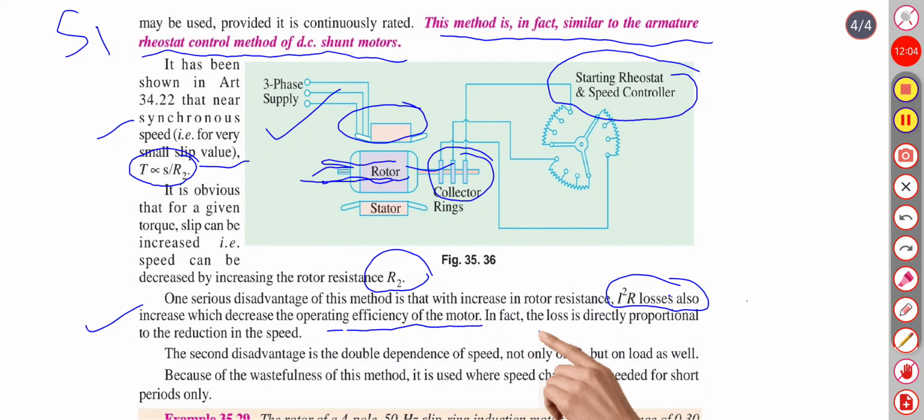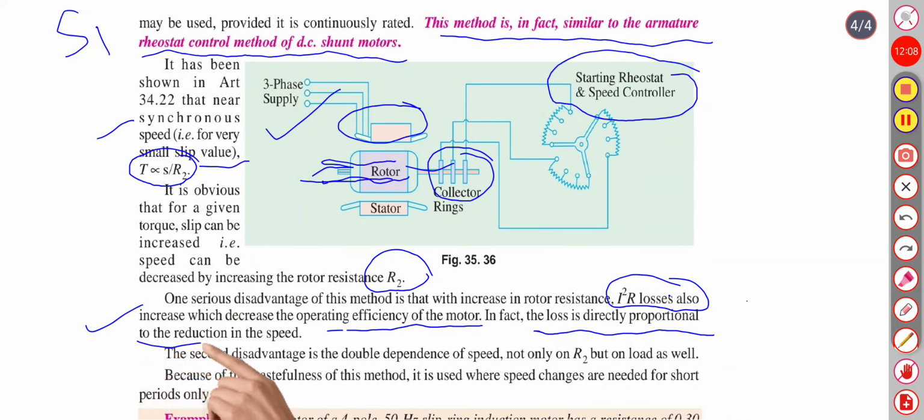In fact, the loss is directly proportional to the reduction in speed. The second disadvantage is the double dependence of speed, not only on rotor resistance R2 but on load as well. Because of the wastefulness of this method, it is used where speed changes are needed for short periods only.